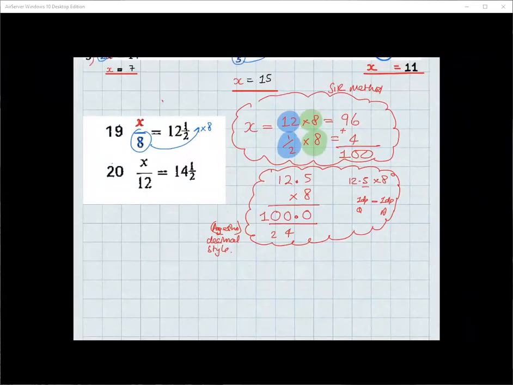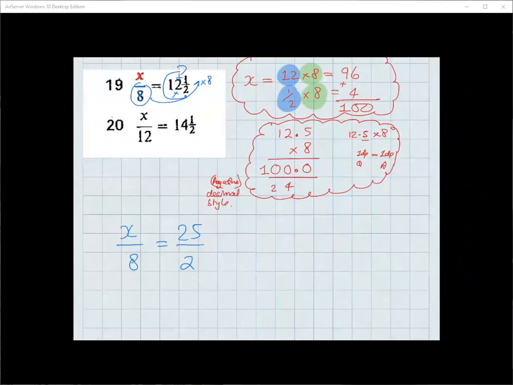I did x by 8. X divided by 8 is equal to 12 and a half. X divided by 8 is equal to 25 over 2 because I converted the mixed fraction into an improper fraction. Then I moved, give me a second, let me catch up with you. So you done 2 times by 12, add 1. So you done 25 over 2. Lovely.